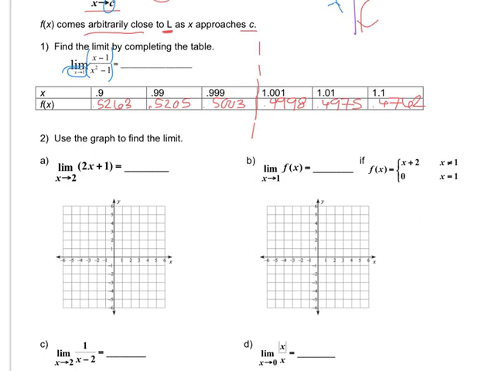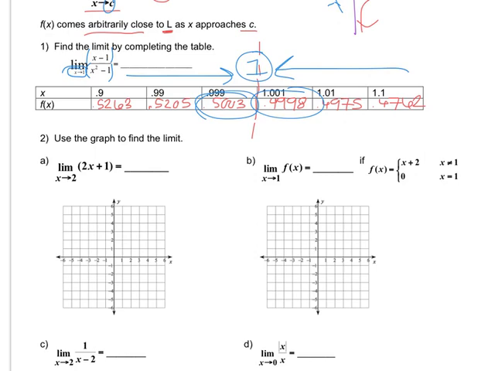So as x is approaching 1, let's say 1 is right here in the center. x is approaching 1 from this side, and x is approaching 1 from this side. What is the y value of that function? If we approach from right below 1, it's 0.5003. From right above 1, it's 0.4998.